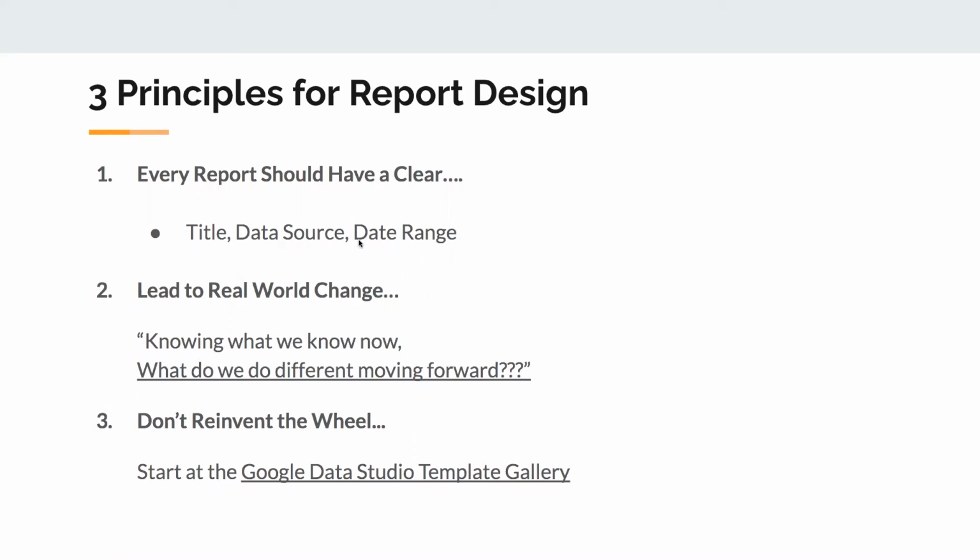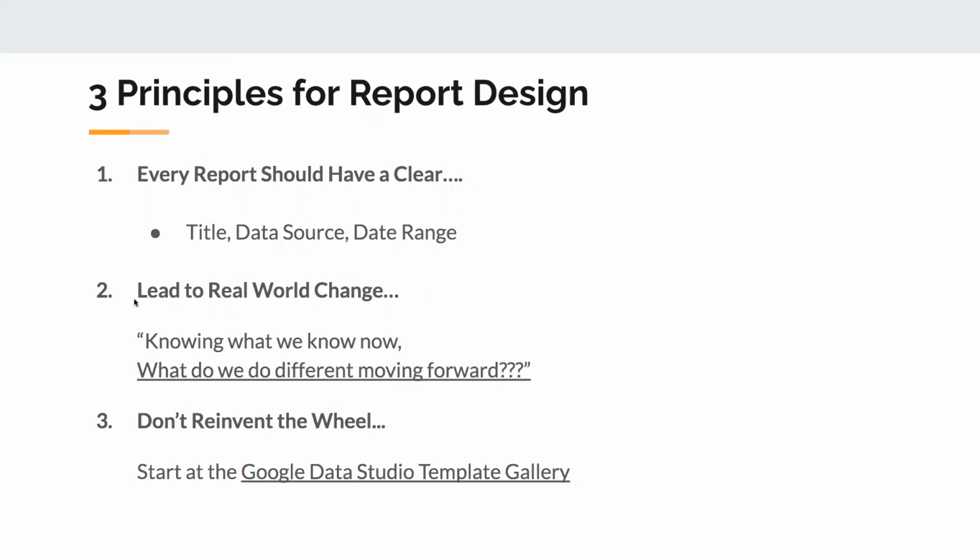So the more clear you can be on the exact dates and the exact data I'm looking at, the less confusion people will have. There are a lot of different ways this can become confusing, but just doing these 3 things across the board is going to put you a good step forward.